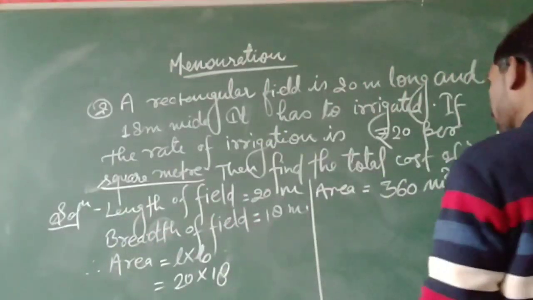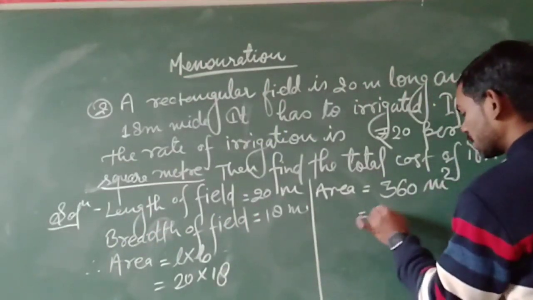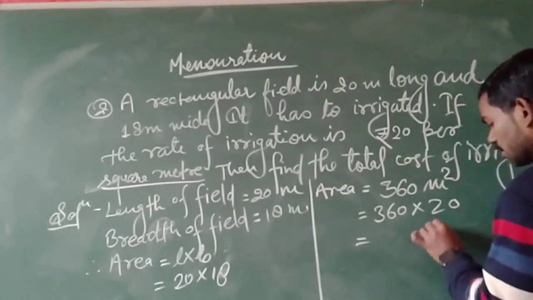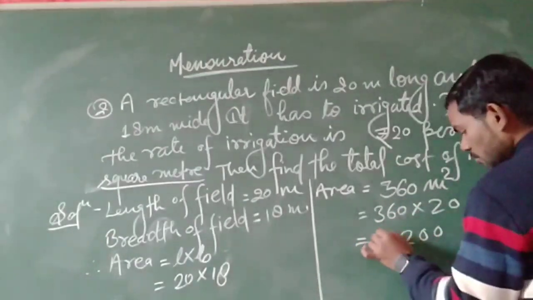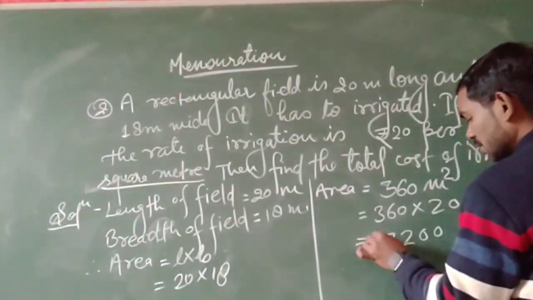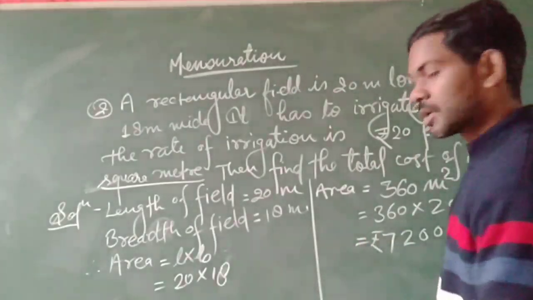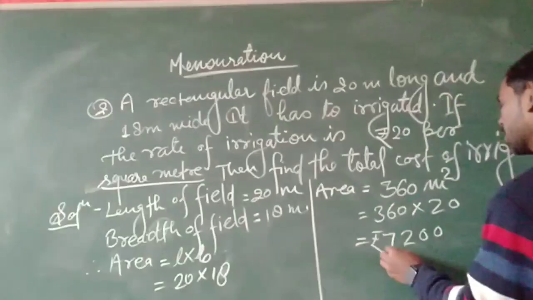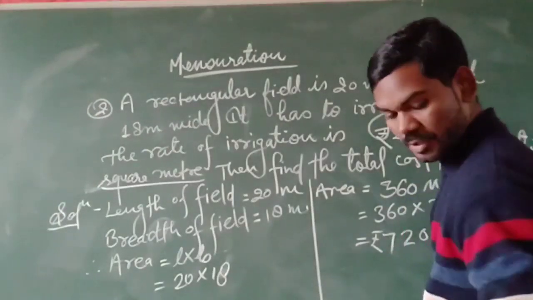So we multiply 360 by 20. Now solve it. This is the product of 360 by 20, and we get 7,200.